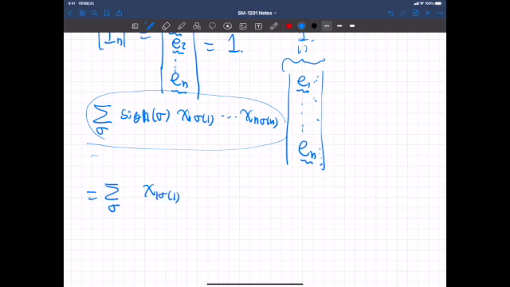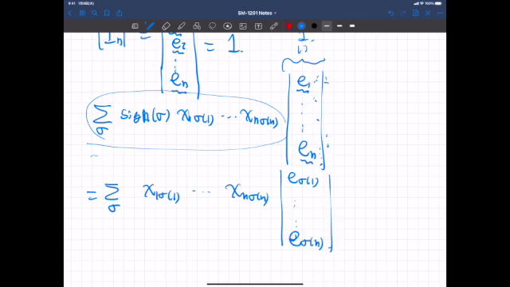x1 sigma 1, up to xn sigma n. So now we swap these rows to have E sigma 1, E sigma 2, E sigma 3, up to E sigma n.